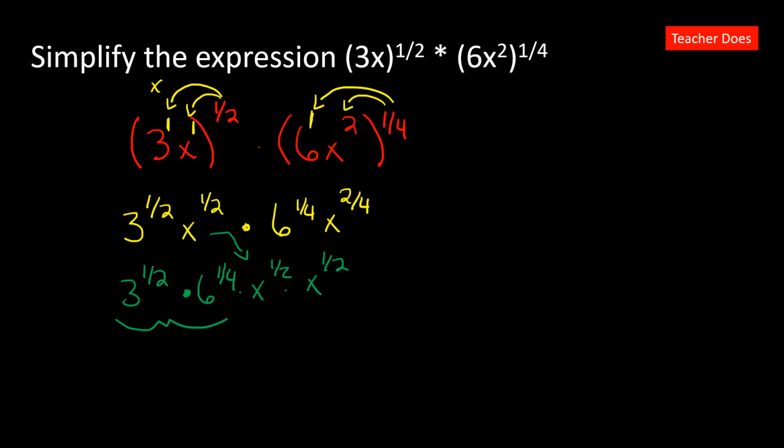I don't want to get too much into the logistics of how we can combine these. We know that 3 to the 1/2 times 6 to the 1/4 is the same thing as the square root of 3 times the 4th root of 6, because the power of 1/4 is the 4th root. You can leave these like these.